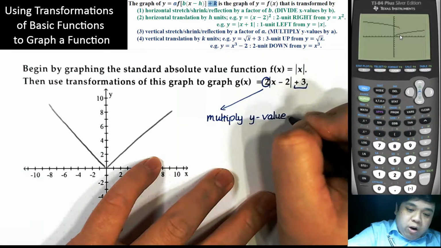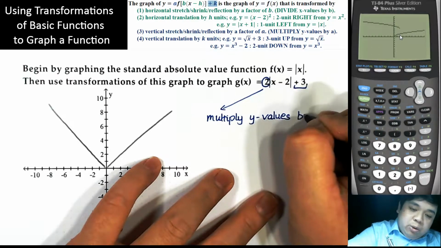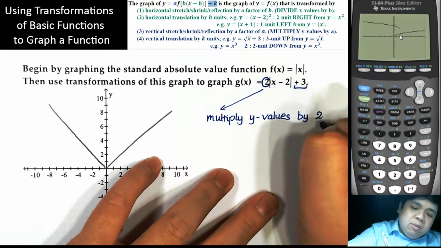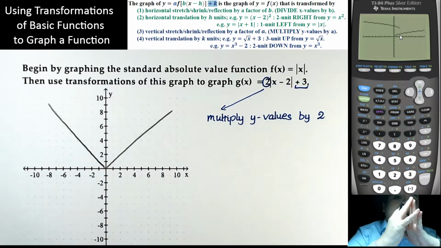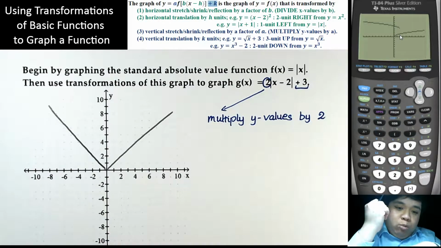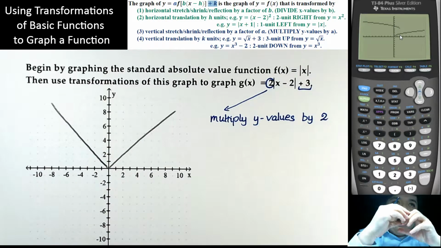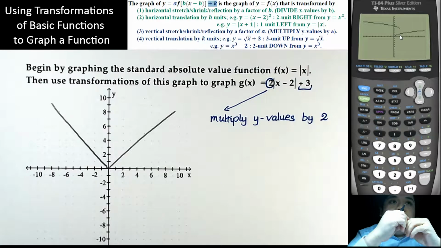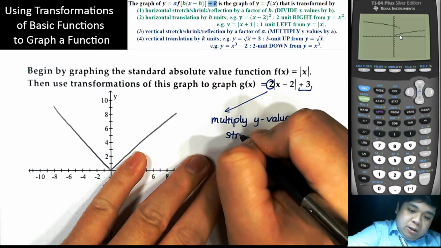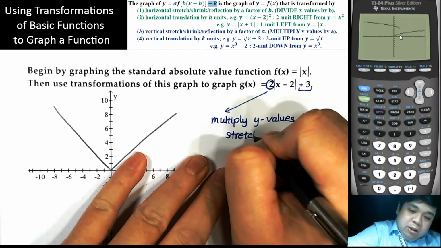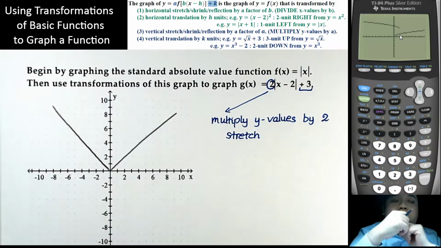So multiply y values by 2. Now, if the number is positive and we multiply by 2, that number will get bigger. And if it gets bigger, meaning that we stretch. Stretch to get it bigger.